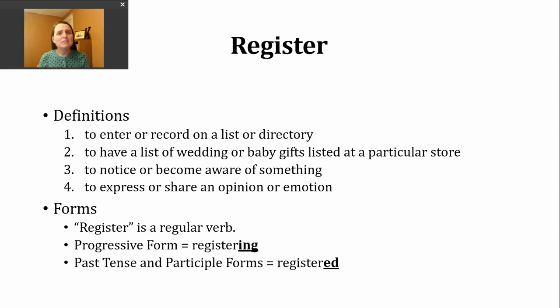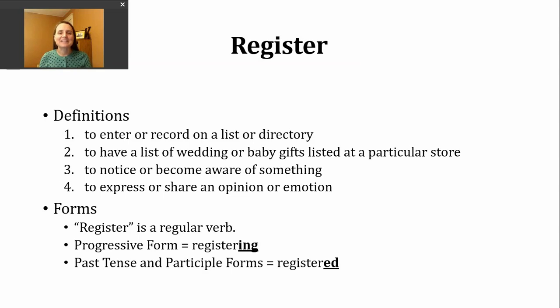So this might be a little less common or less familiar to you, but it is very much a part of the culture here in the United States that people who are engaged and planning to get married sort of pick out things they might like for their family and friends to give them. And so this action of selecting items is the action of registering. And this might also happen when people are having their first child as well.